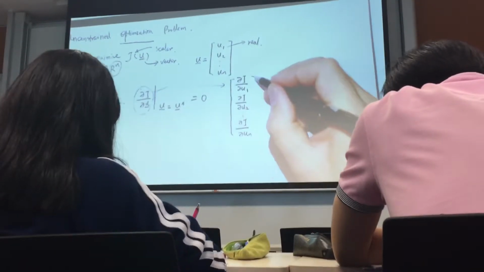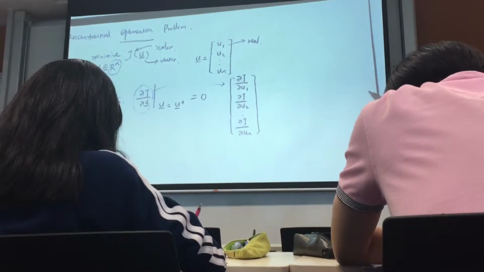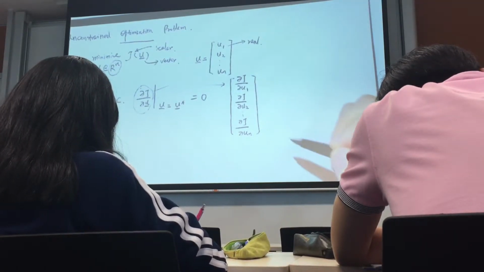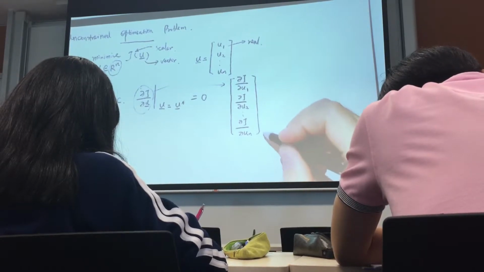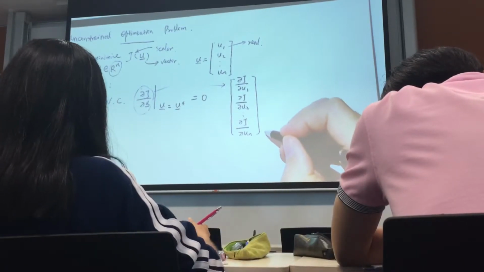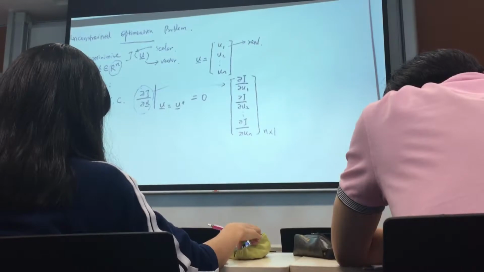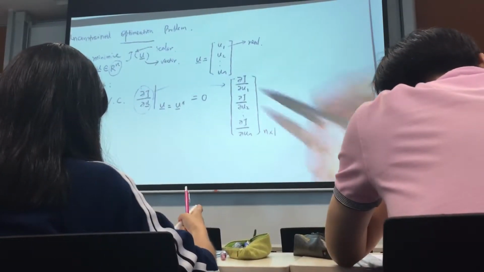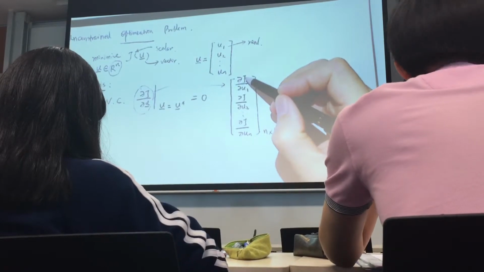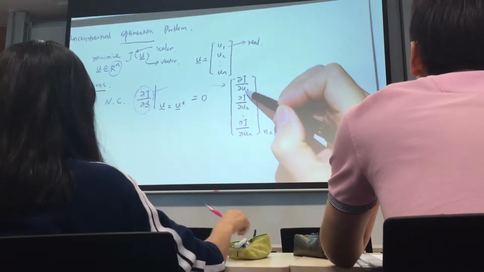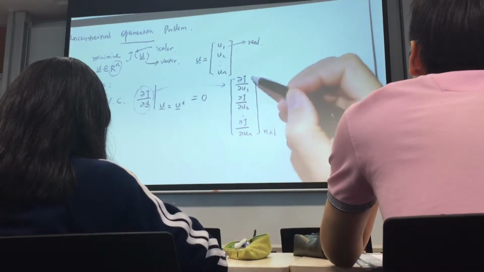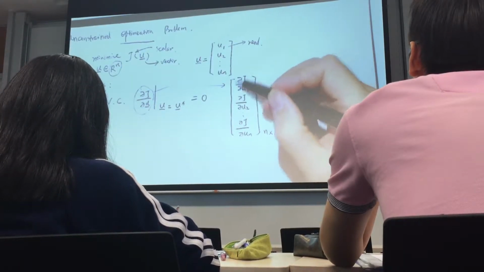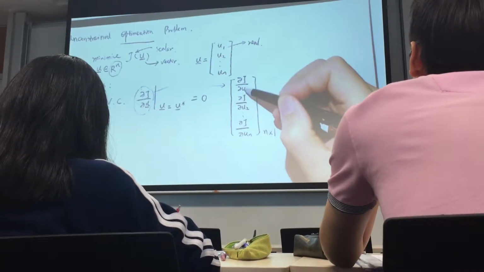From this we can construct a column vector, in the dimension of n by 1. Because J is a scalar and u1 is a scalar, you know how to calculate this. It's just a general calculus equation.